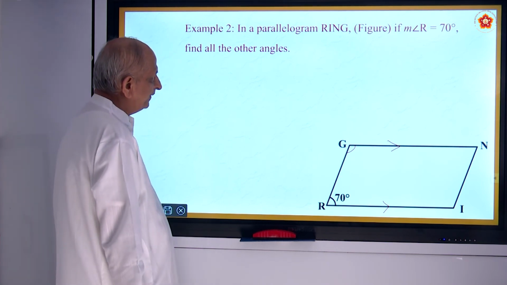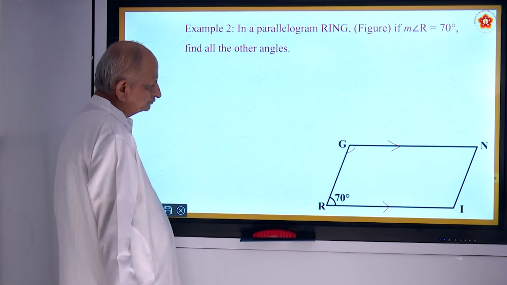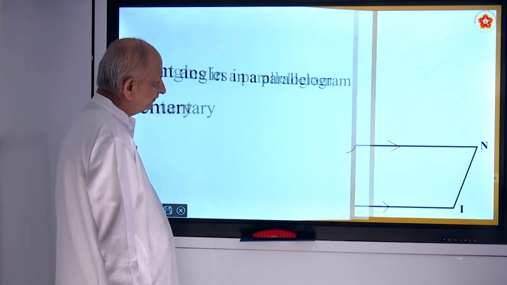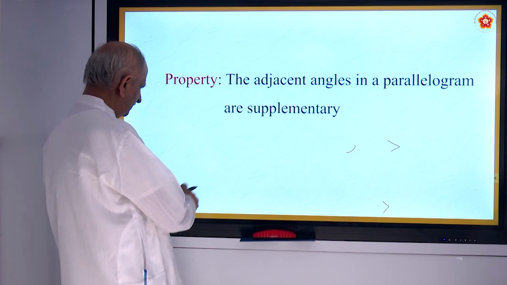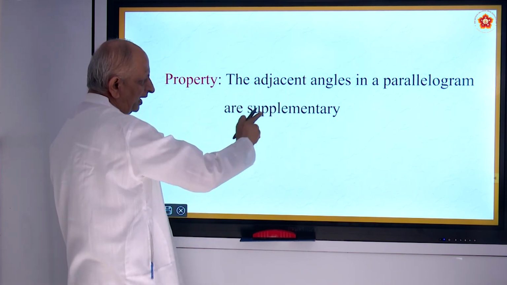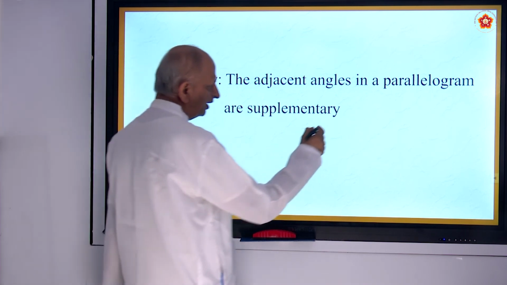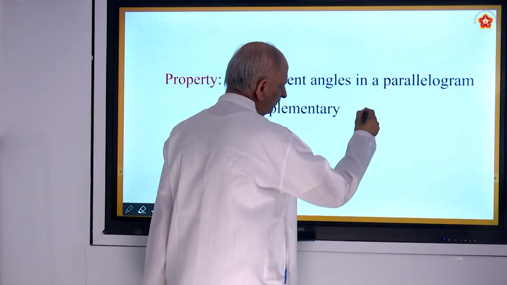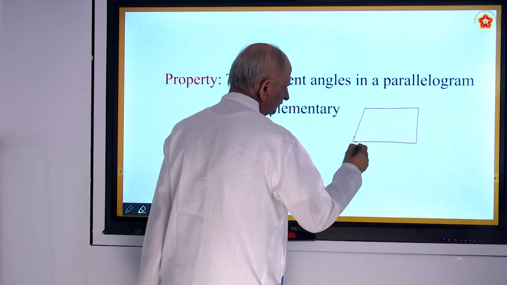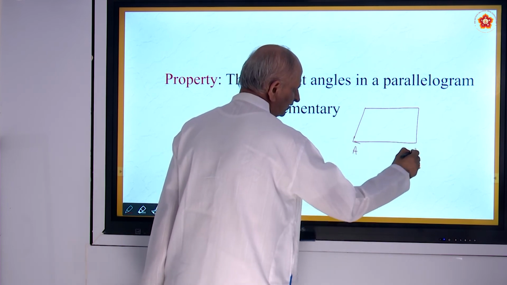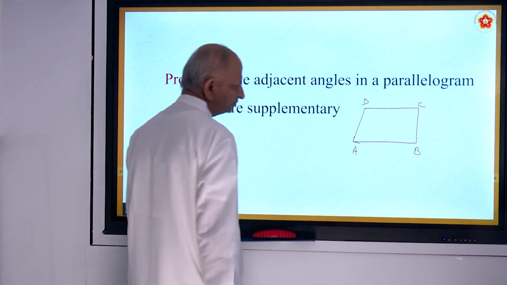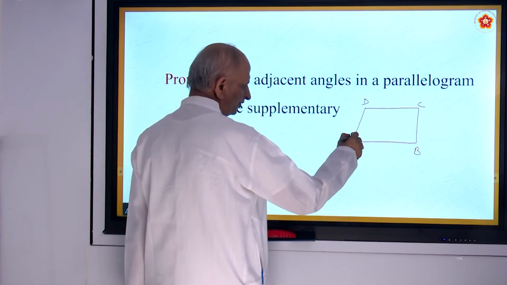these are called interior angles, okay, and their sum is how much? The property what you have just now seen, the adjacent angles in a parallelogram are supplementary. What do you mean, adjacent means what? Suppose you have a parallelogram ABCD, it may be rectangle also, it may be square also, all are special forms of parallelogram.